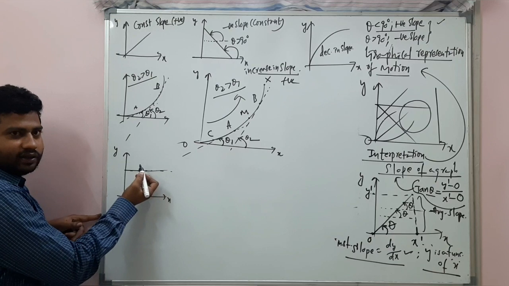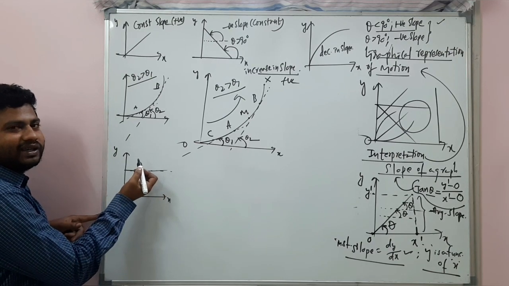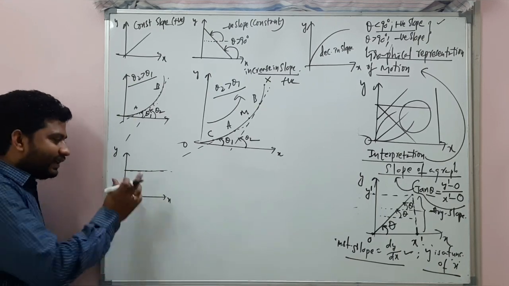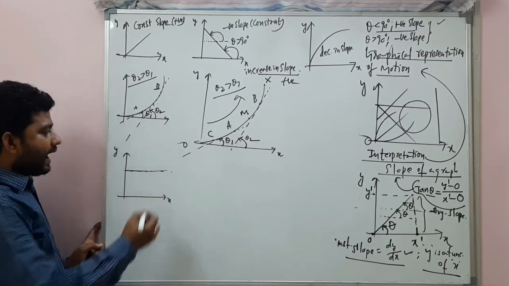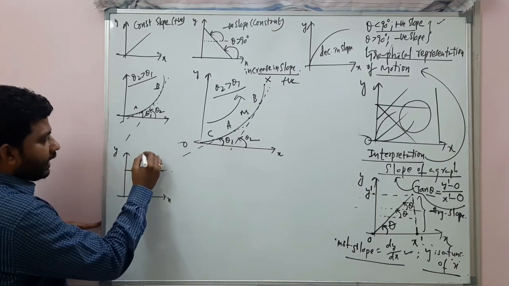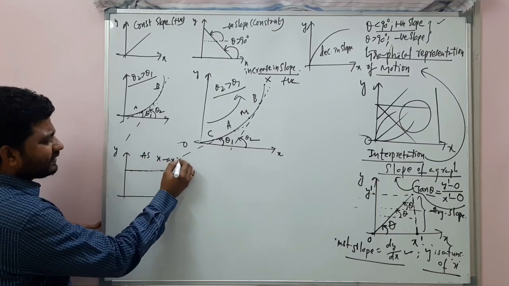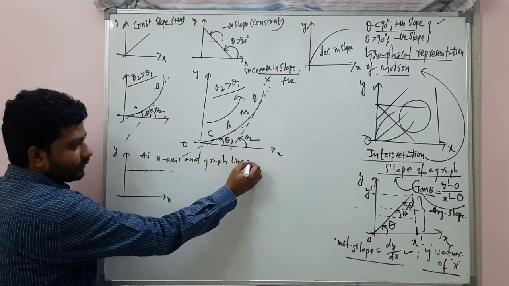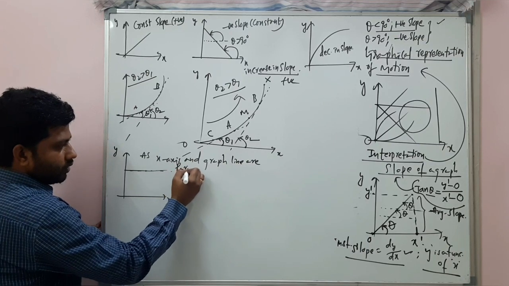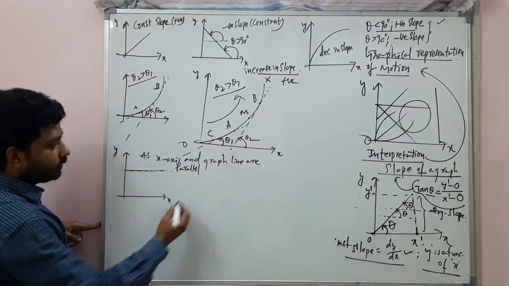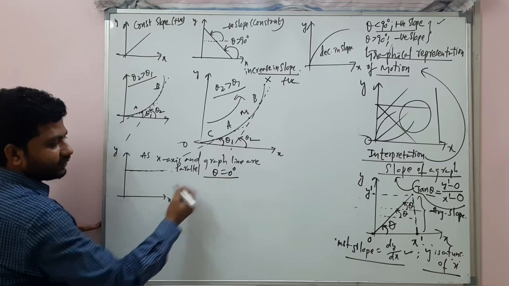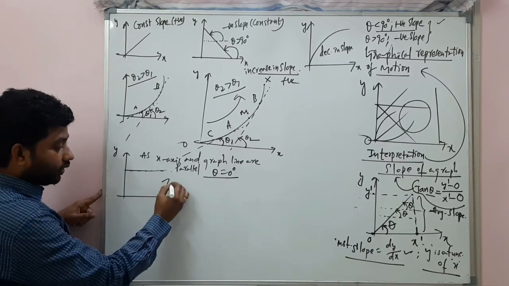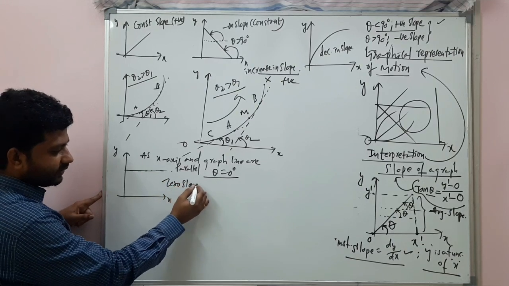So the tangent is not at all making any angle with x-axis, because x-axis and this tangent are parallel, and as x-axis and the graph line are parallel, then the slope is 0 degrees, right? When the slope is 0, remember, this is called a zero slope. Carefully see.